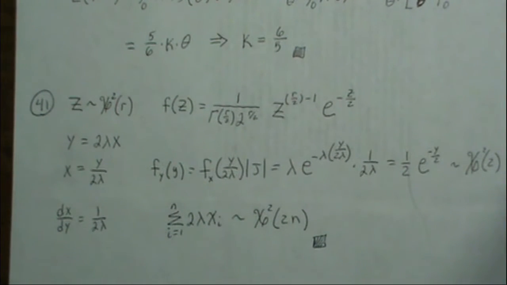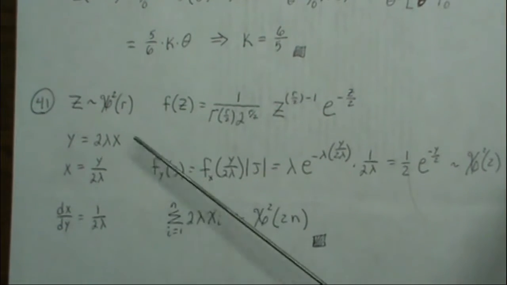Problem 41: we have a sample size of n, and we're given that it's an exponential distribution, and we want to find Y, which is equal to 2 lambda times the sum of the Xi from 1 to n.